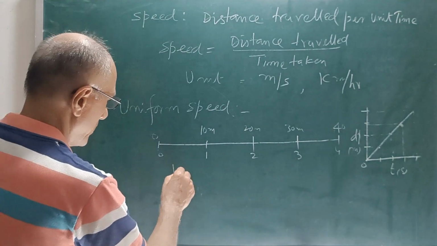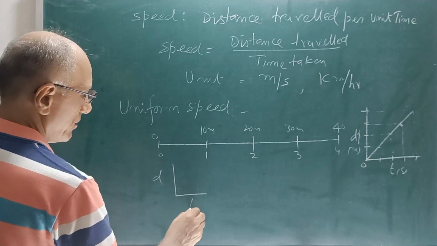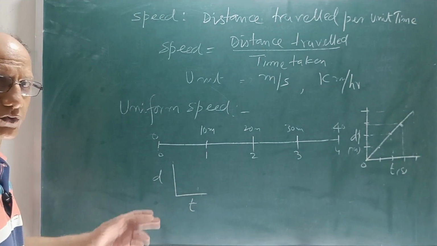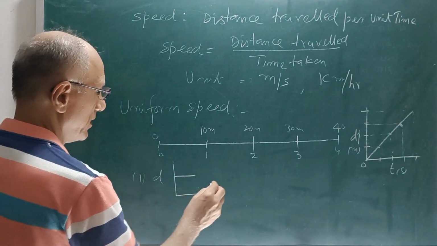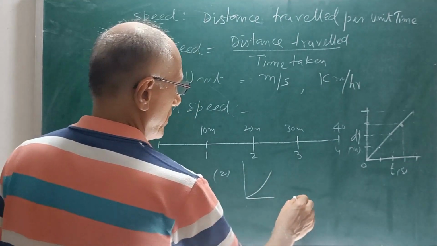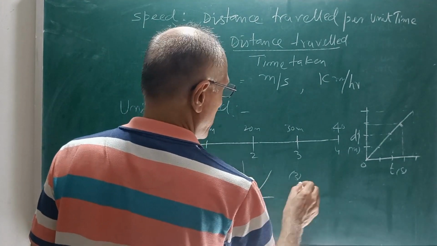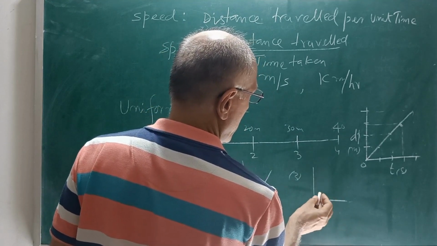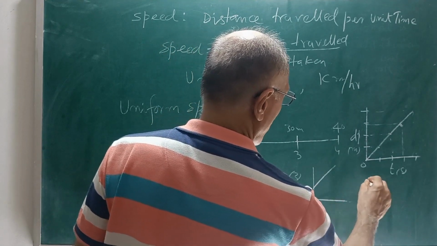Now tell me, which graph is showing uniform speed? The first one, second one, third one, and the fourth one.